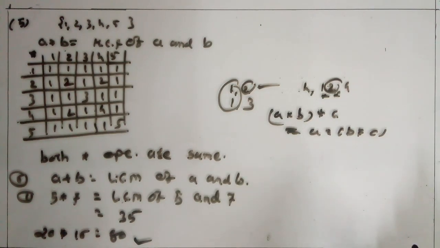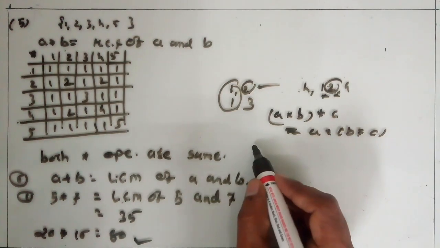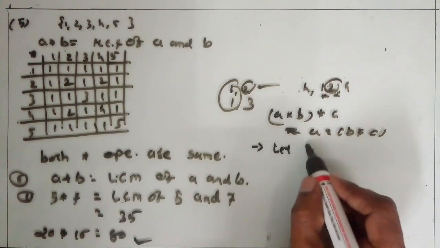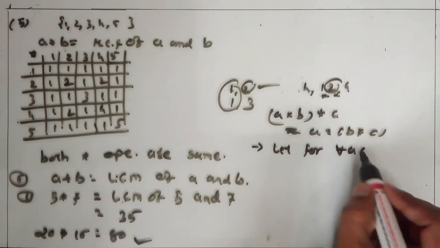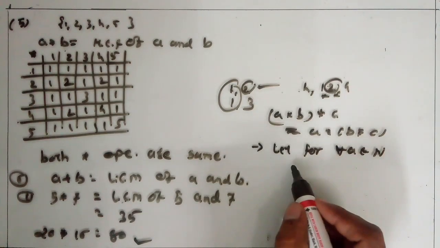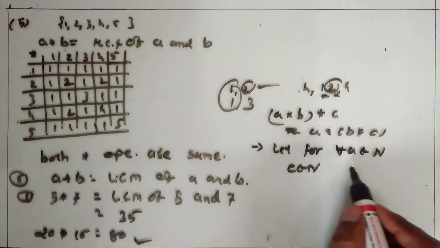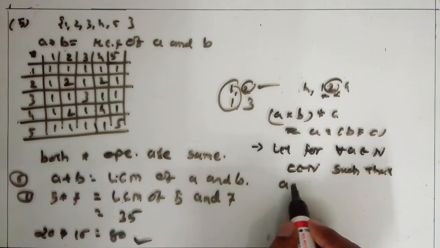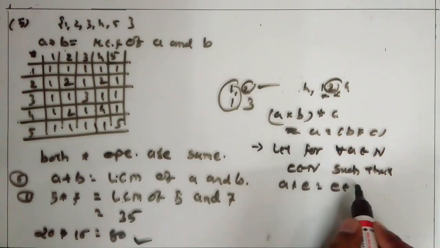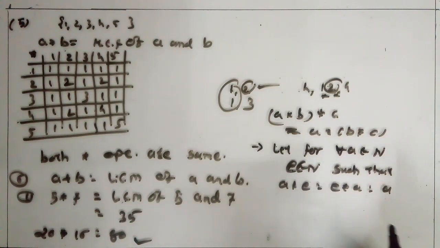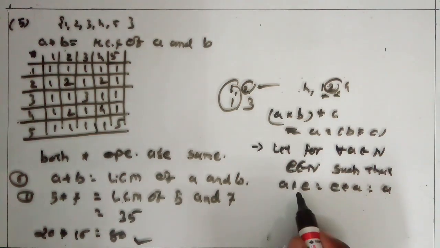Now the identity for this star operation. Let, for all A belongs to the given set N, the set of natural numbers, E belongs to N such that A star E is equal to E star A is equal to A. That means here we select E as the identity, and this is possible only for E is equal to 1.